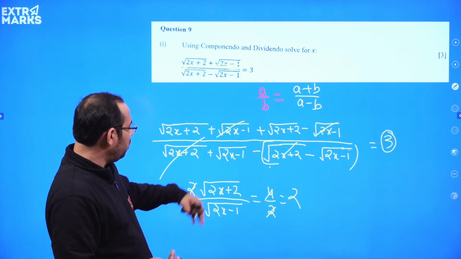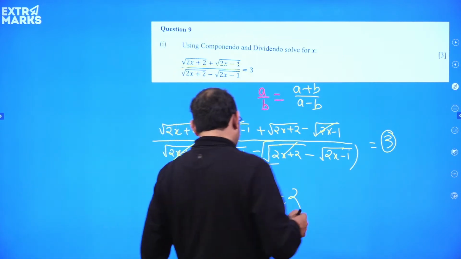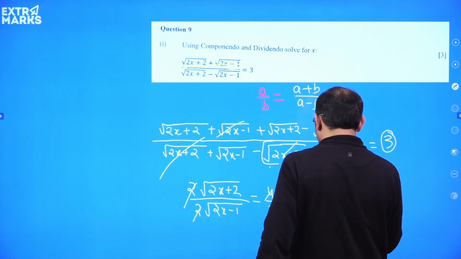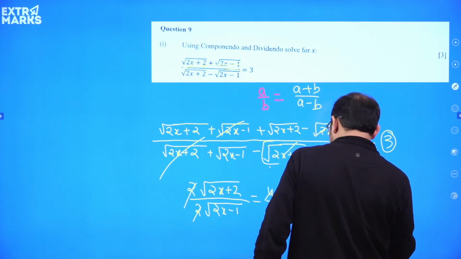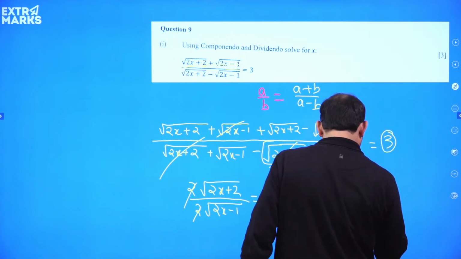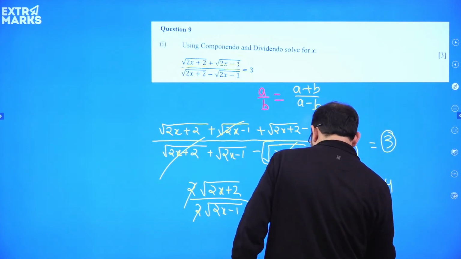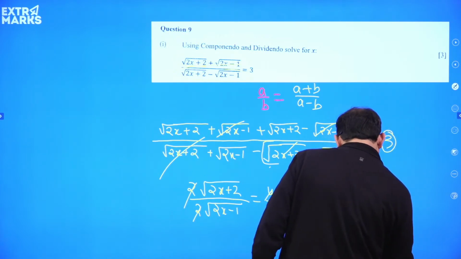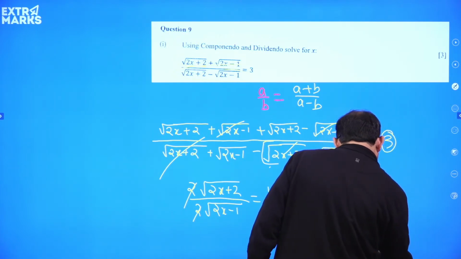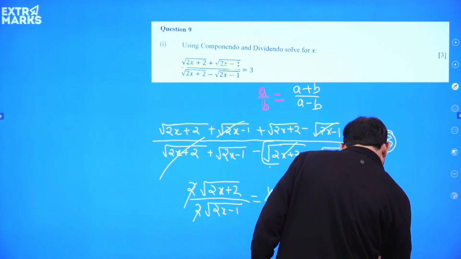Okay. So on squaring both sides, what will you get? You will get 2x plus 2 upon 2x minus 1 equal to 4. So 2x plus 2 equal to 8x minus 4. So 6x equal to 6, x equal to 1.